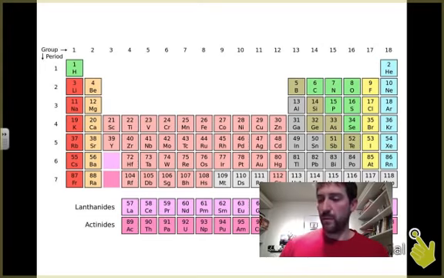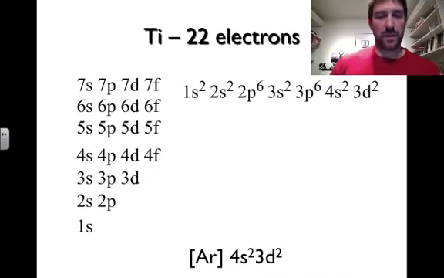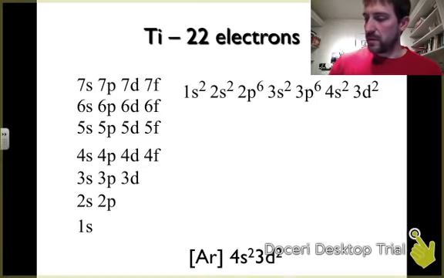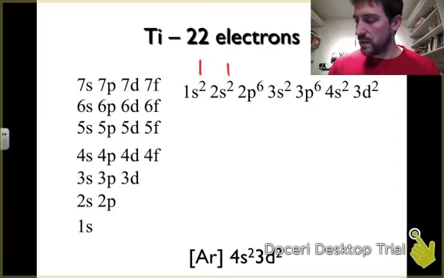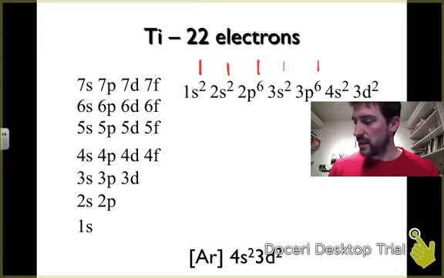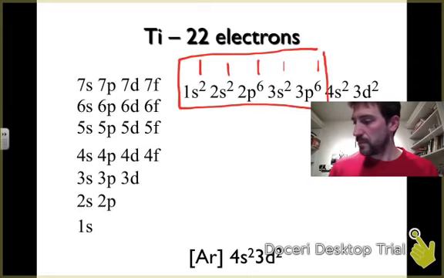So if we bring this back up and look at the electron configuration, we can see that right here we've got 2, 4, and 6 more is 10, and 2 more is 12, and 6 more is 18, which leaves us with the configuration for argon. So we don't have to write all that out if we're doing noble gas configuration.